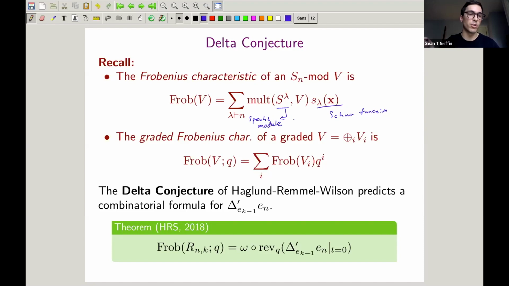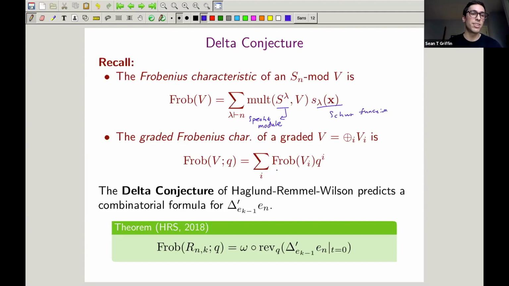So it's a sum over all partitions of n. And if you have a graded symmetric group module with graded parts Vi, the graded Frobenius characteristic is the q series you get by writing down the q polynomial where the coefficients are the Frobenius characteristics of the graded components.